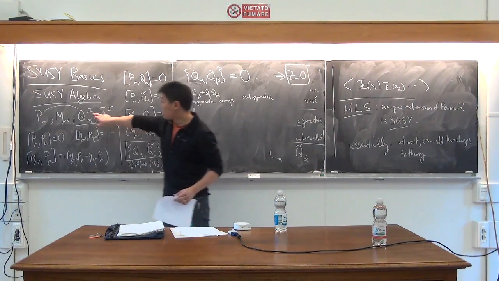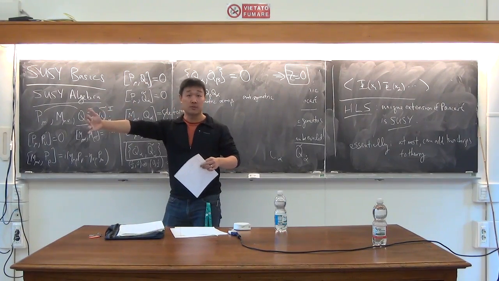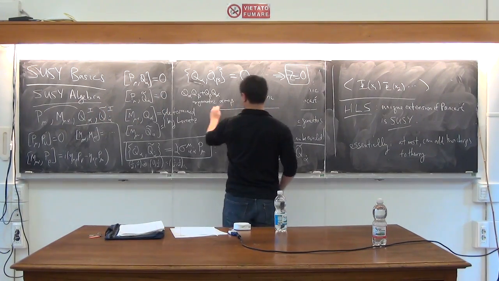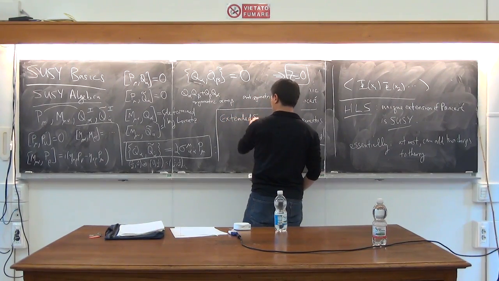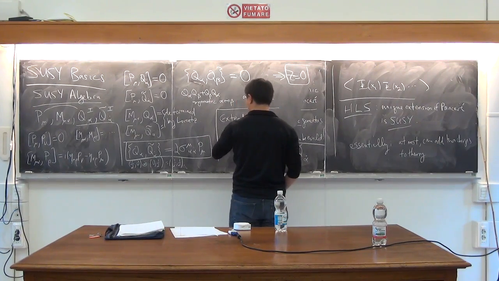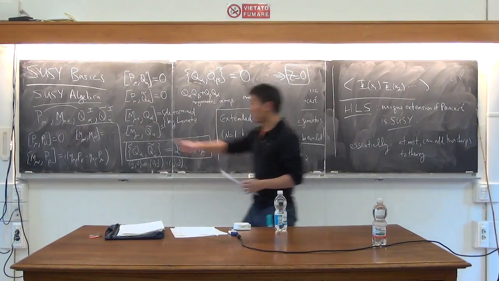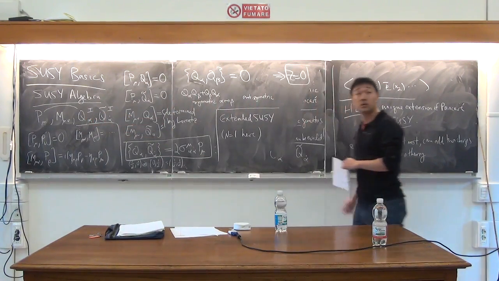You can have N copies of the same thing, and it will still make sense. This is called extended SUSY, and what I talked about here is N equals 1 SUSY. N refers to the number of pairs of Q's and Q tildes.